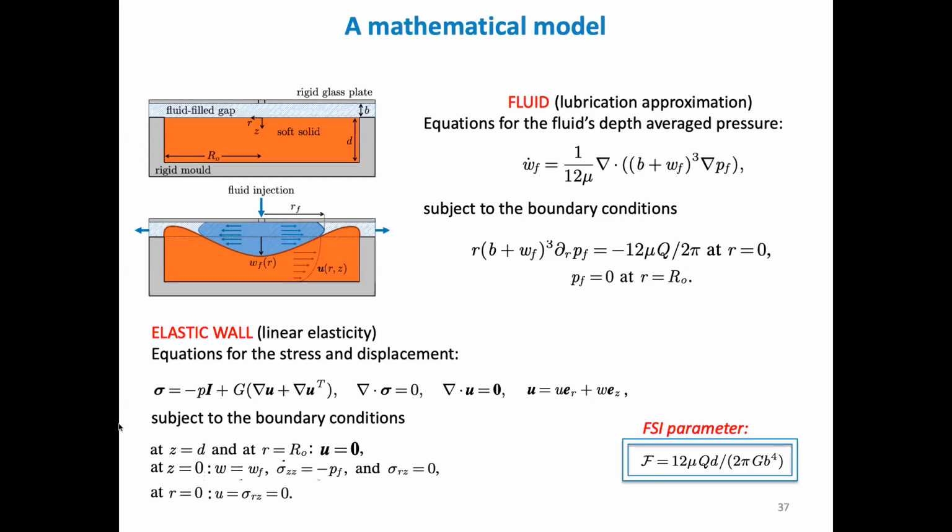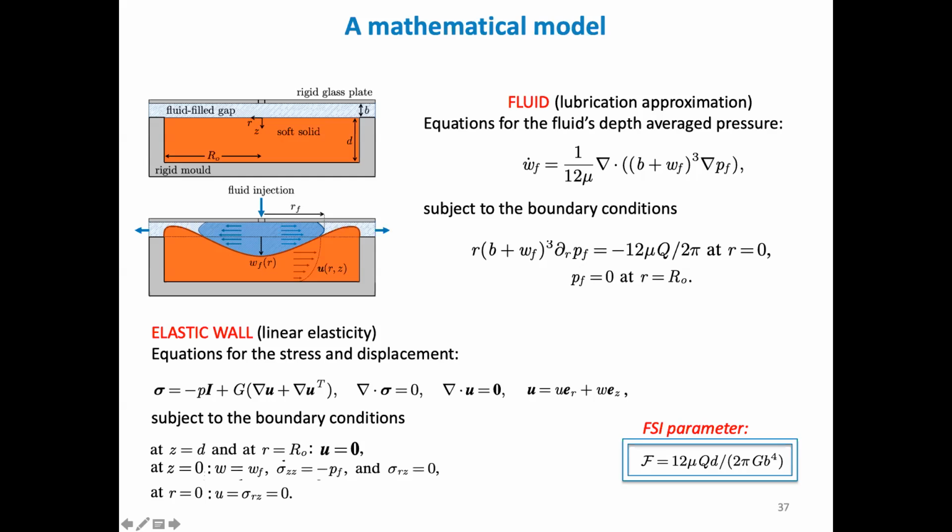And then we applied some boundary conditions. So we assumed that basically there was a no-slip condition around the edges of the cell, and we assumed that where the fluid meets the elastic wall, the stresses are equal to each other, and the displacements are equal to each other. So now if you non-dimensionalize all of this, you end up with two non-dimensional parameters.